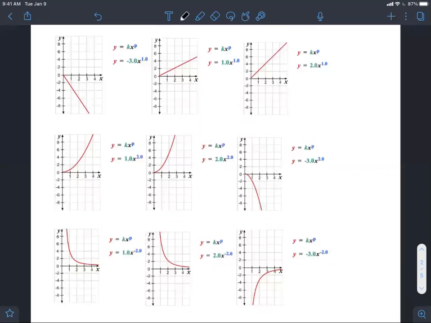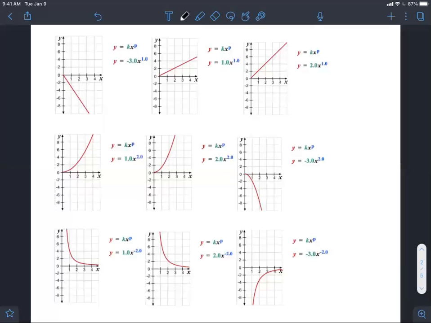And we have the effects of different k values. We have a negative k value, we have a k value of 1, and we have a positive k value of greater than 1. I put these in a weird order, but whatever. What I want you to think back to is your Algebra 1 and Algebra 2: the k value, the constant multiplier or the leading coefficient, is essentially the slope.